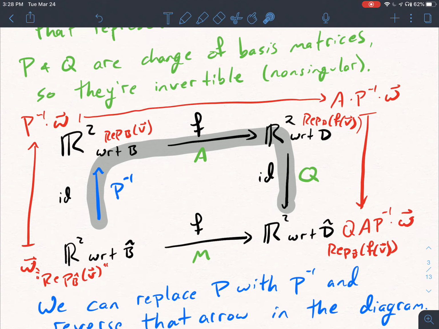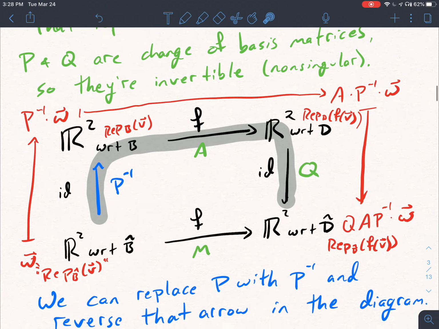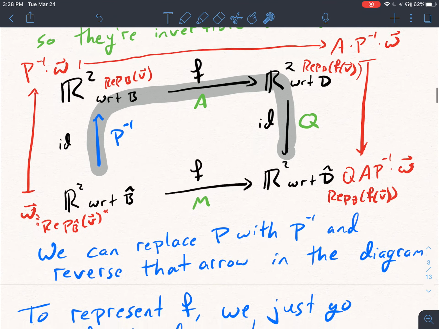So we're reading right to left here, and so this will actually be equal to M.